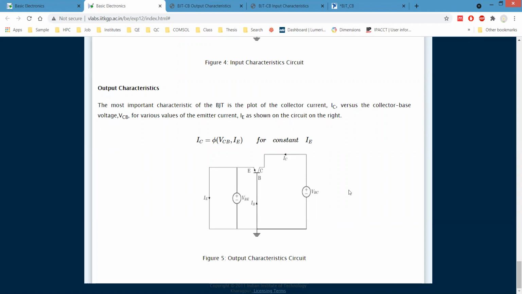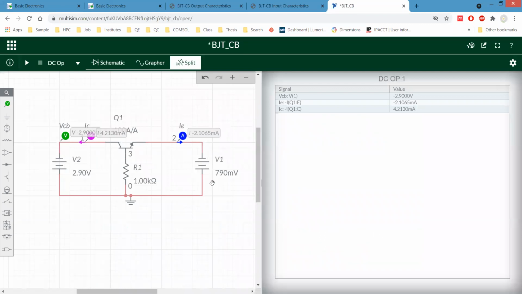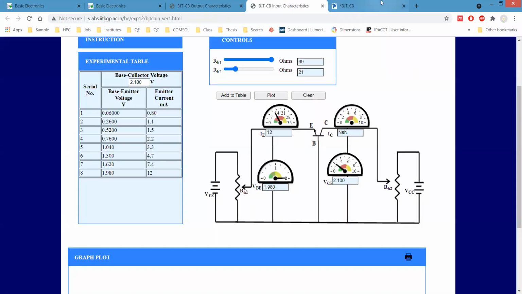Okay, in the case of common base mode, for both input characteristics and output characteristics, we have to keep the emitter base junction in forward bias, and the collector base junction in reverse bias. Okay.